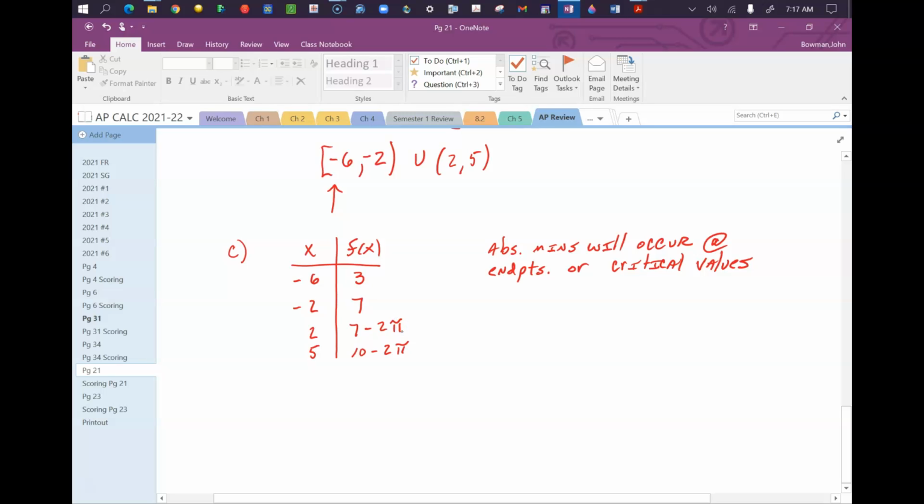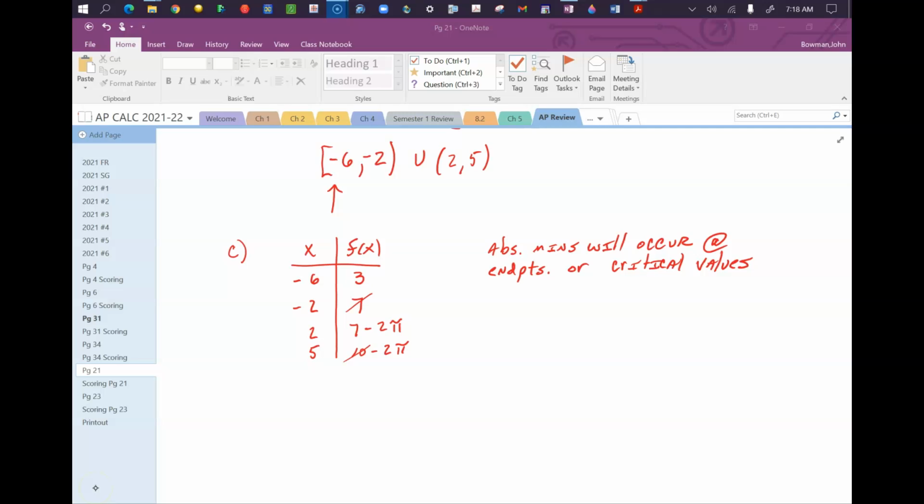And you have to figure out which of these is the absolute minimum. Well, let's see. 7's not going to be, because 7 minus 2 pi is less than that. 3 could be, but 10 minus 2 pi is 10 minus 6.28, which is not going to be less than 3, so that rules that one out. The question is, which is smaller, 7 minus 2 pi or 3?